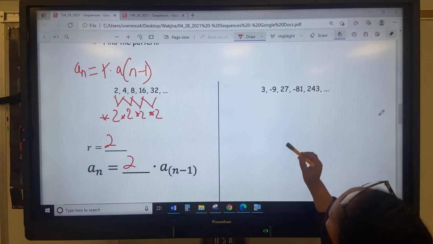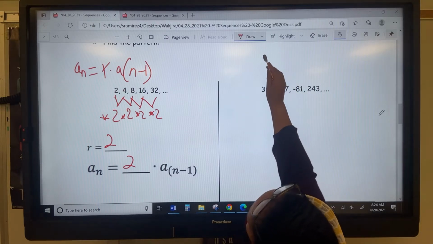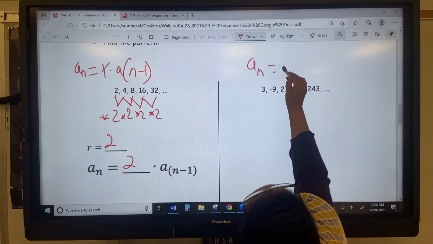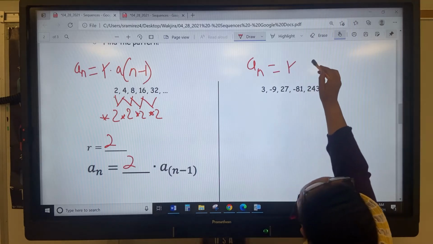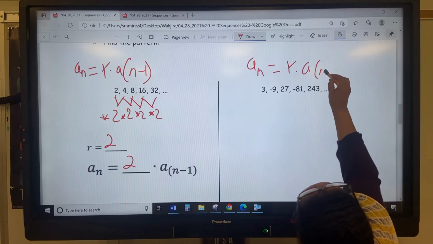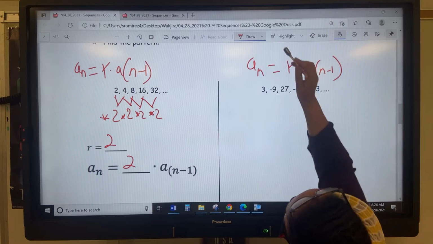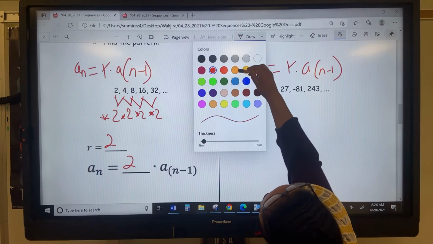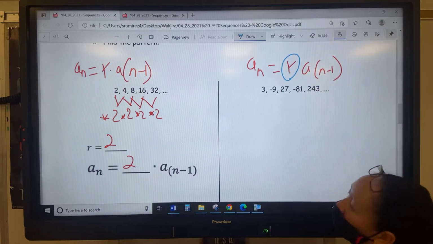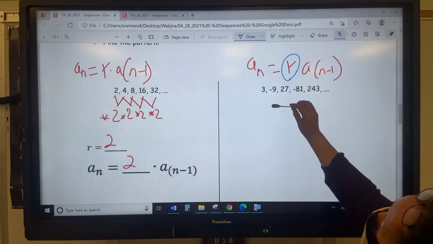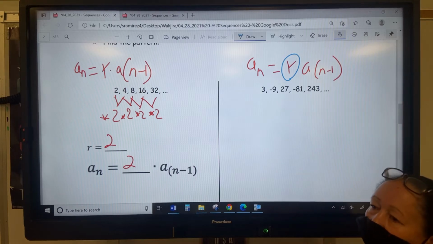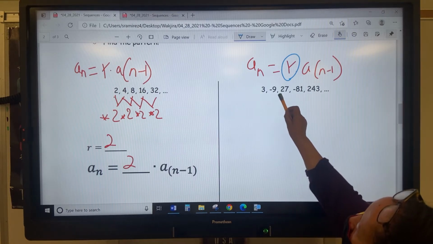Okay, now we have to write the formula that is A sub n equals R times A sub n minus 1. This is our formula. What we are looking for? R. So when we look at here, from 3 to go to minus 9, what multiplies right here?